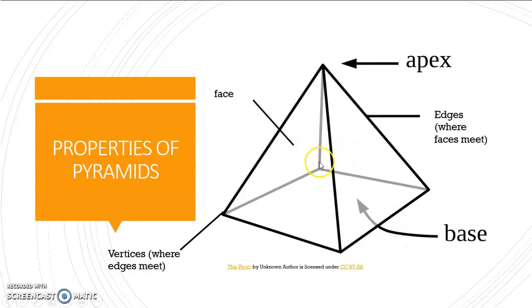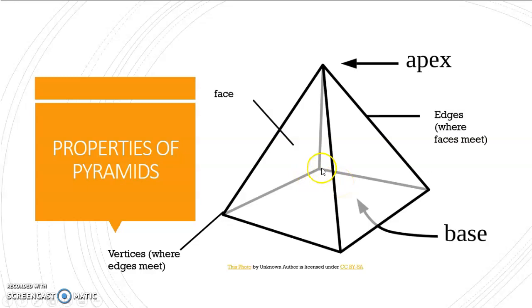Okay, let's continue. This is a square-based pyramid because its base is a square and therefore it has 4 sides. If we count our faces, we will have this one here, 1, 2, 3, 4, and the base at the bottom, so it will be 5.